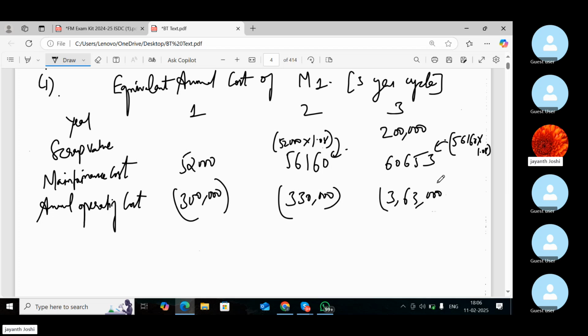You should know how I am doing this: this into 1.10 and this into 1.10. Then you have the net cash flow. There is no tax. That is a very simple thing to understand. So these are the costs you have.